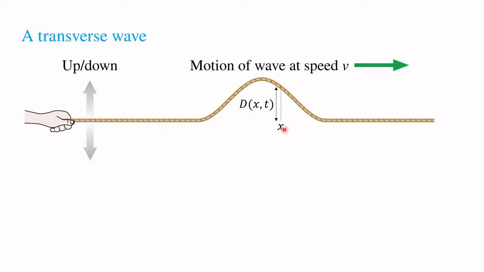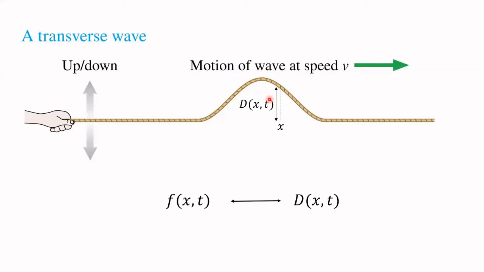So x specifies which of those particles you're talking about. And the displacement, capital D, again, can be written as a function of two variables. First of all, you have to specify which particle you're talking about. In other words, which position on the x-axis you're at, and how does the displacement depend on time. So instead of the letter F, we can move on to the letter D.